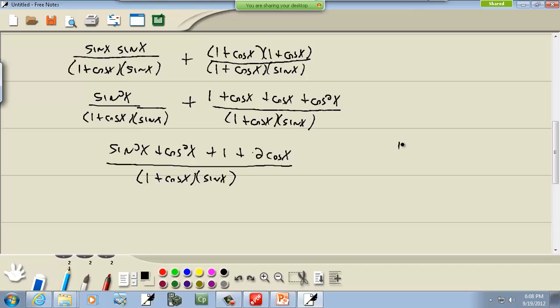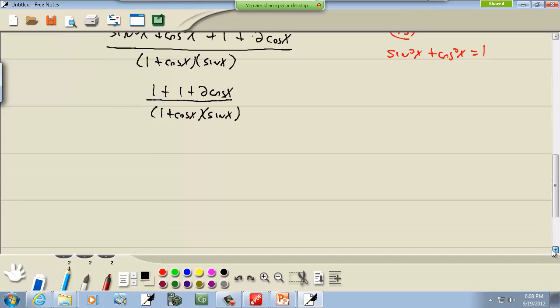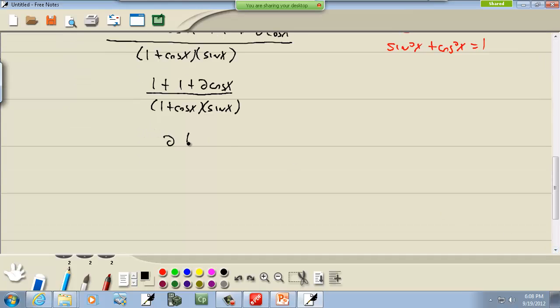Well, from 15, sine squared plus cosine squared is equal to 1. So this becomes 1. So we got 1 plus 2 cosine. And actually, I think I'm seeing it. Then we got 1 plus cosine down below here, and we got sine. Well, up on top, 1 plus 1 is 2, so we got 2 plus 2 cosine.